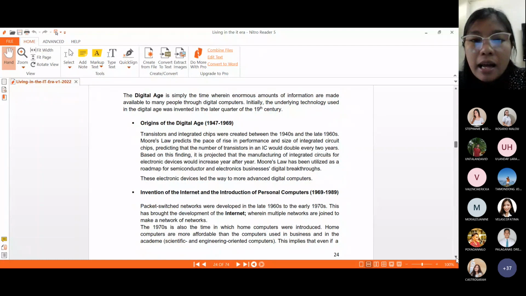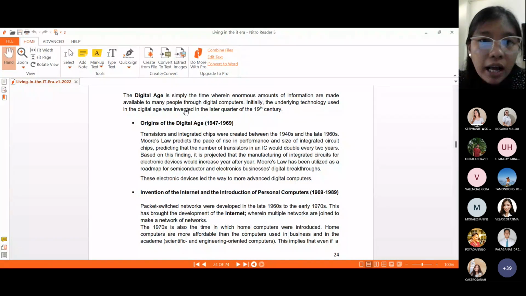Kasi may mga traces or proofs pa rin, evidences na ang digital age ay nag-exist na ng mga panahon na ito, but never in the 1900s, never in the 1910. Pero this is half kasi sabi niya dito sa definition ng digital age, later quarter. So quarter is, we have 4 quarters in 100 years. So doon tayo sa may 1975, doon tayo sa may 1970s. Okay.